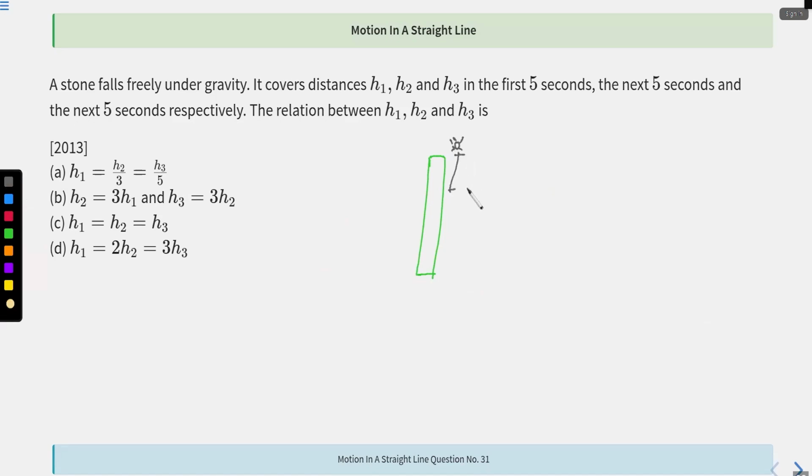In the first 5 seconds, it travels h1, and t1 over here is 5. Then it travels h2 and h3. We don't know if h3 is till the ground or in the middle. But each time interval is 5 seconds itself.